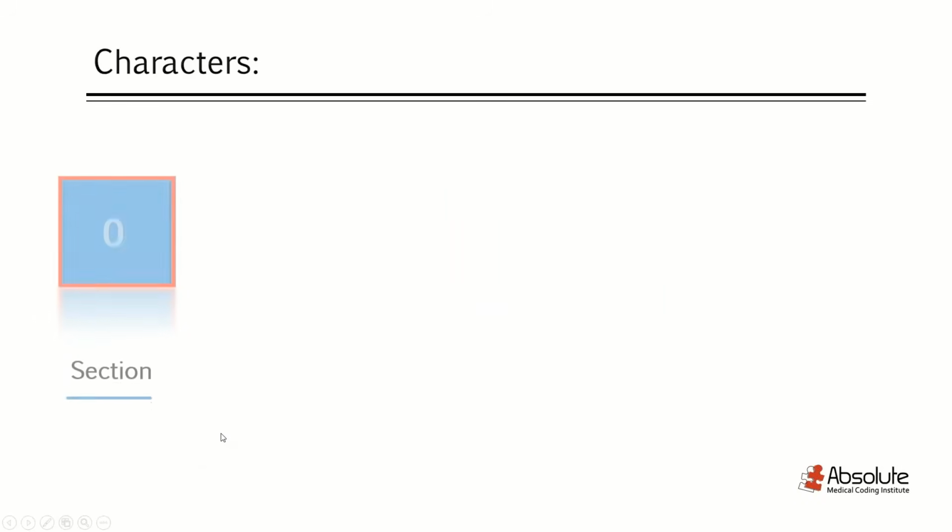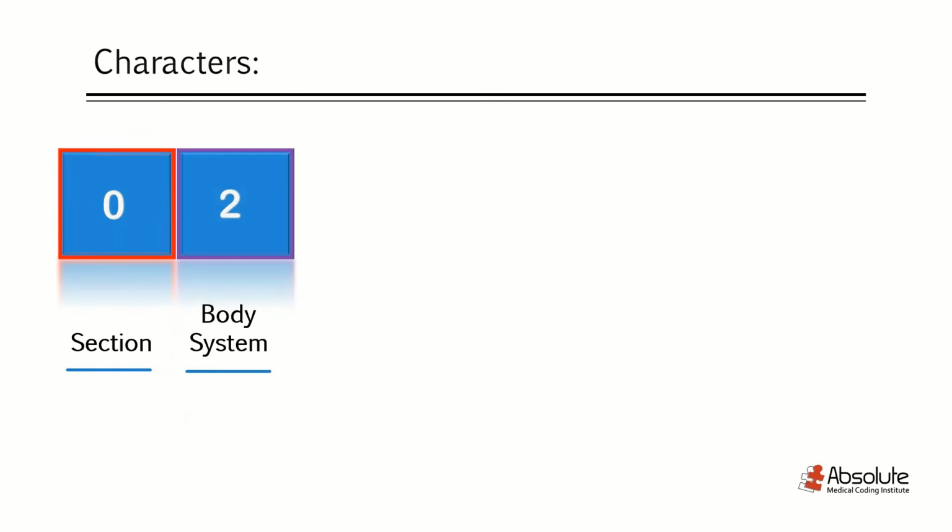All right, so the PCS code is a multiaxial code. That means there are many lines or elements for it to grow. In other words, it's granular. Not only can it grow in depth, not length, but depth.